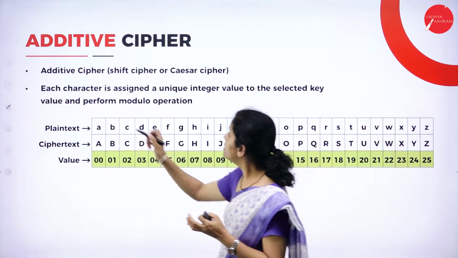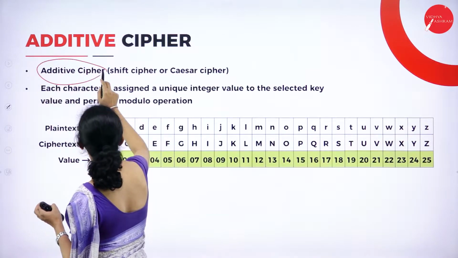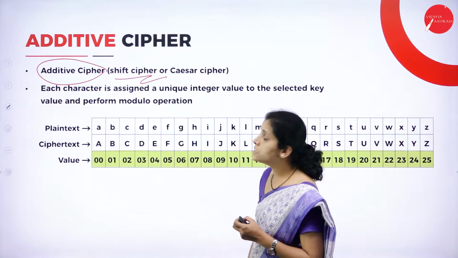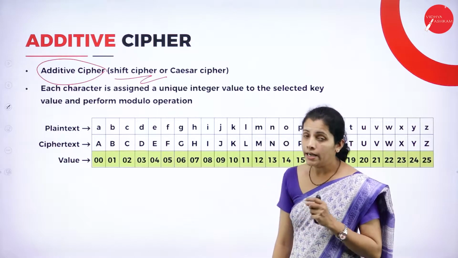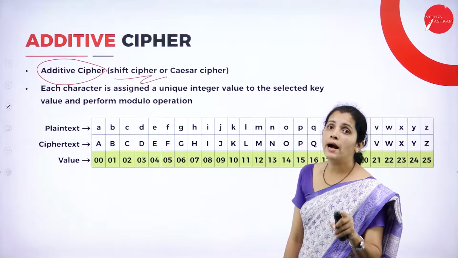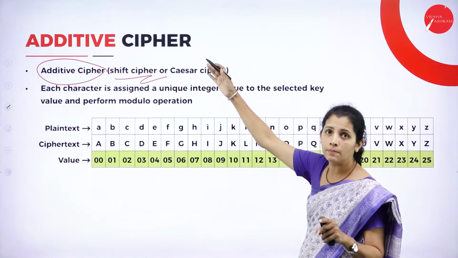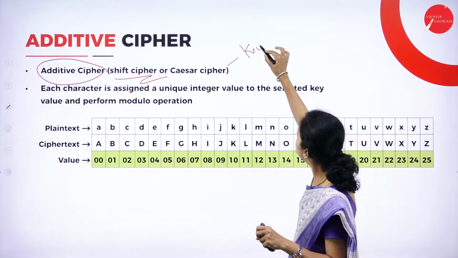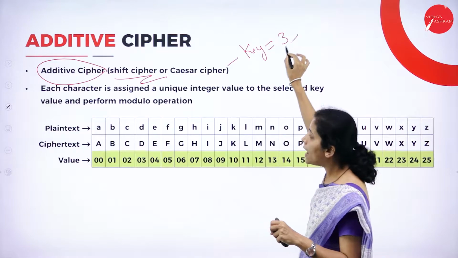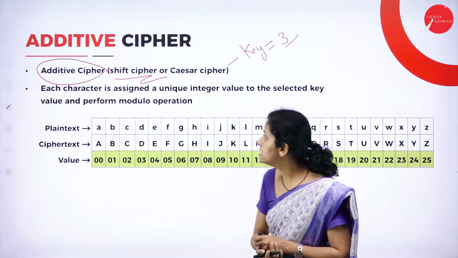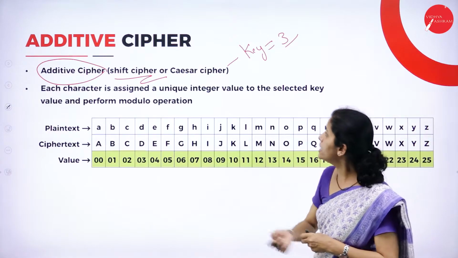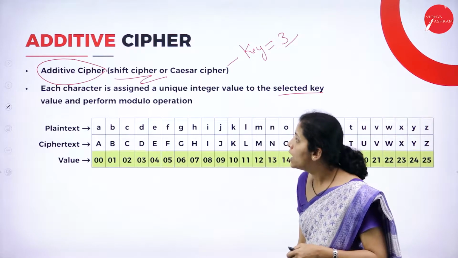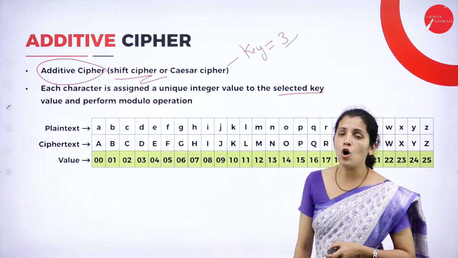Here additive cipher is also called by the name shift cipher or Caesar cipher, and it was introduced by Julius Caesar. At that time, he used key length equal to 3, and here each character is assigned a unique integer value, added to the selected key value, and a modulo operation is performed.